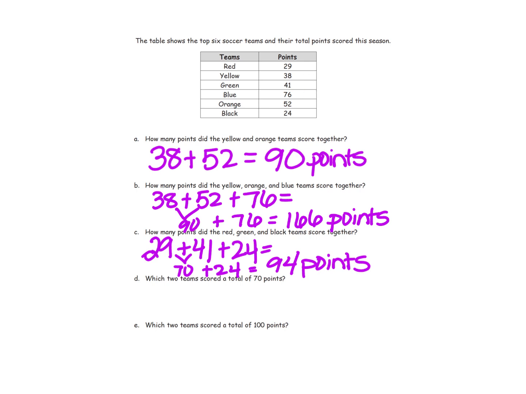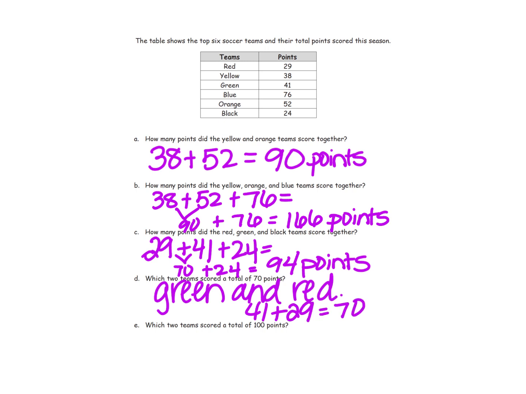So our answer is green and red. To show our work, we would write down 41 plus 29 equals 70.